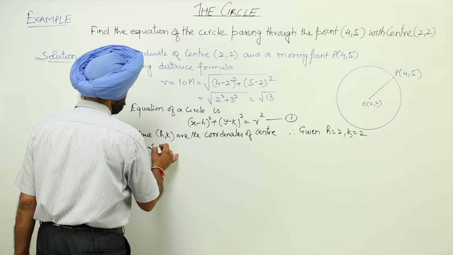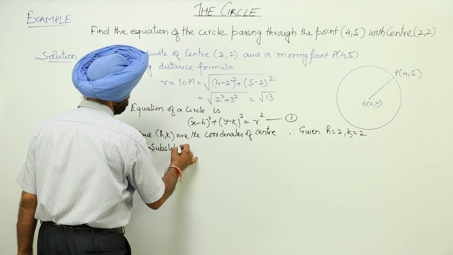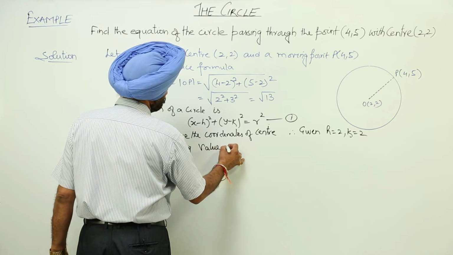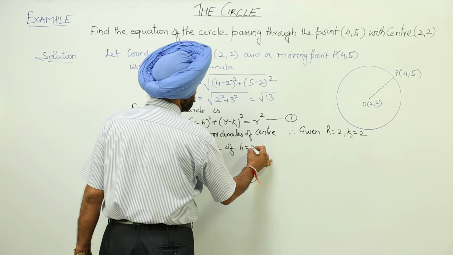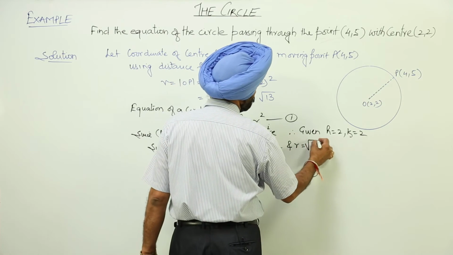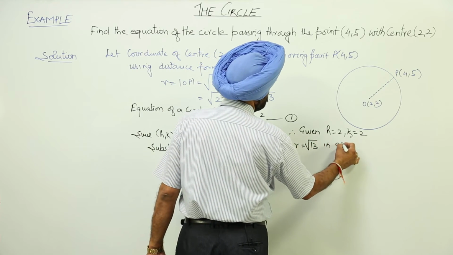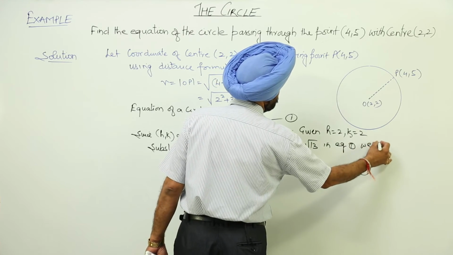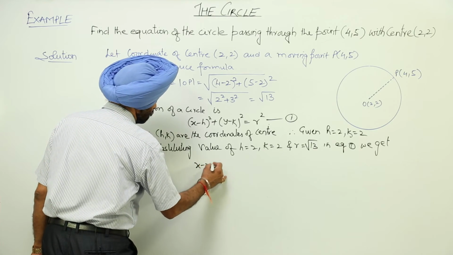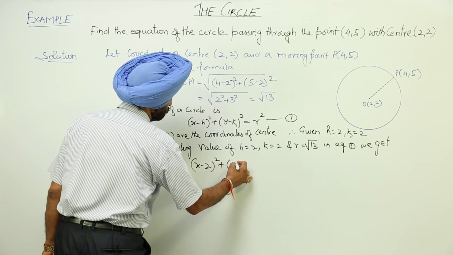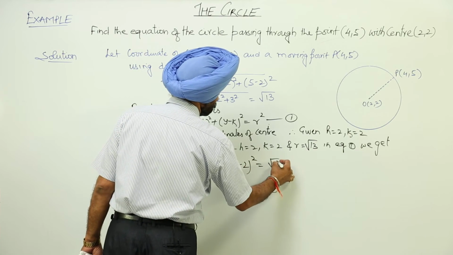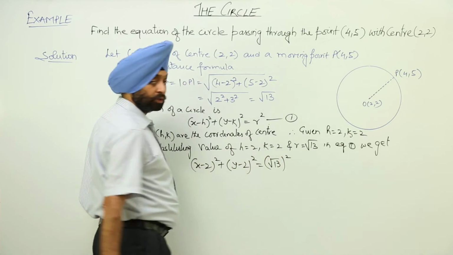Now substituting values of h is equal to 2, k is equal to 2 and r is equal to square root of 13 in equation 1, we get (x minus 2) whole square plus (y minus 2) whole square is equal to square root of 13 whole square.